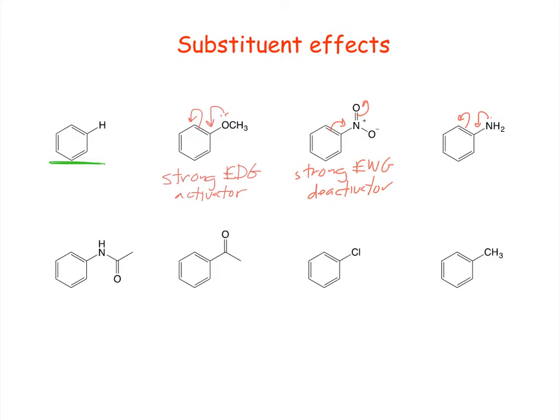Right, it's actually a stronger electron donating group because when you form the resonance, it puts a plus charge, in this case, on nitrogen. Over here, it would be plus charge on oxygen. Nitrogen being less electronegative or more electropositive can better hold that plus charge. Okay? So this is also a strong electron donating group, so it's an activator.